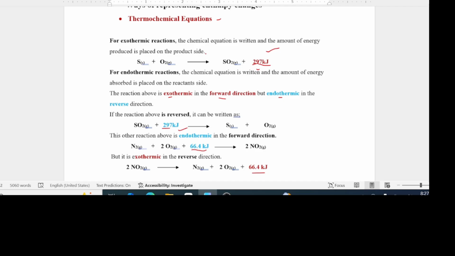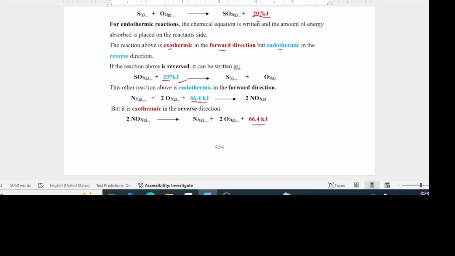In this example, where sulfur is burnt in oxygen to produce sulfur dioxide, that amount of energy is produced and it is shown as a product. So for exothermic changes, the energy produced is written as a product. For endothermic reactions, the chemical equation is written and the amount of energy absorbed is placed as a reactant.